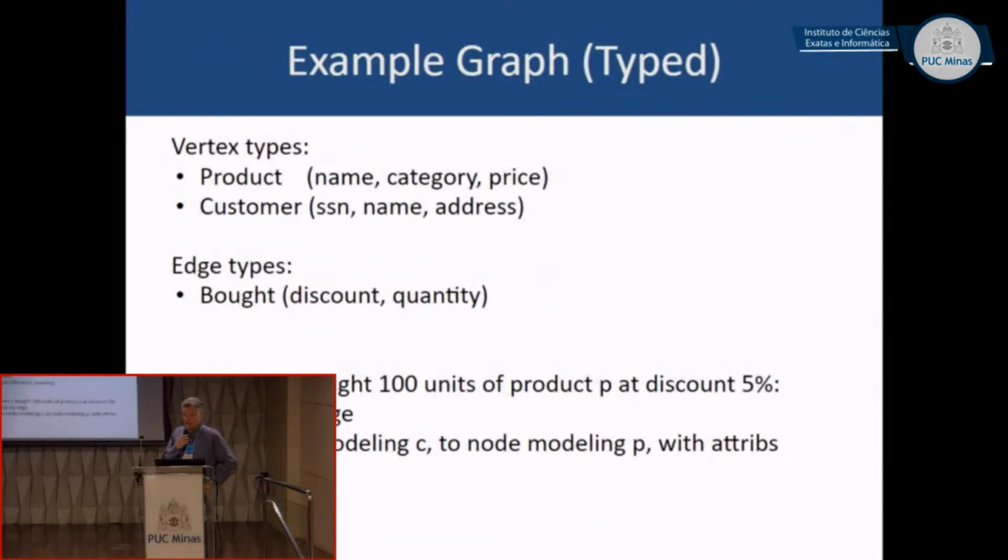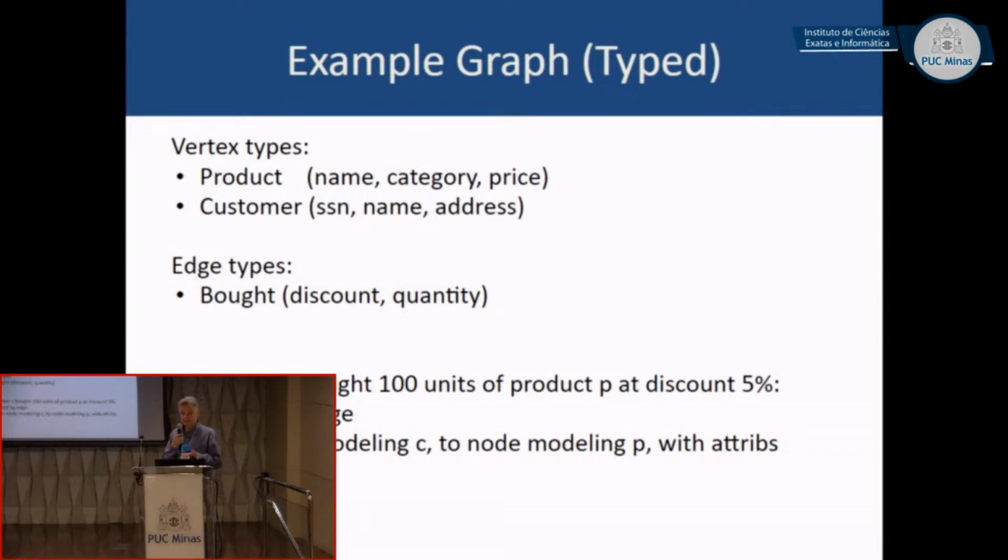Here would be a little example. Let's say that we have two types of vertices: products, which have a name, a category, a price; customers, which have social security number, name, address; and an edge type we call bought, which carries with it the discount at which something was bought and the quantity in which it was bought.